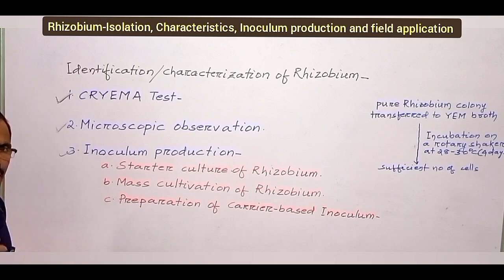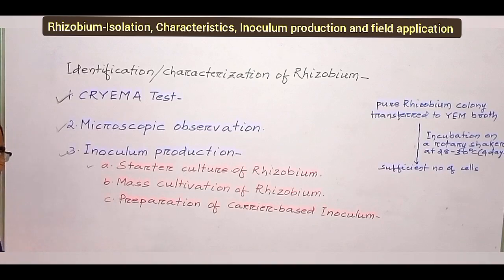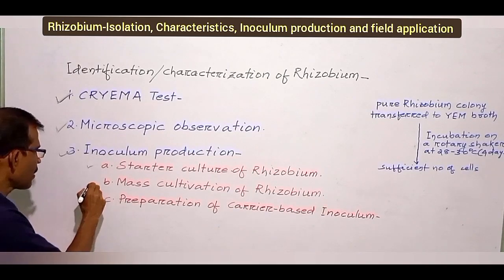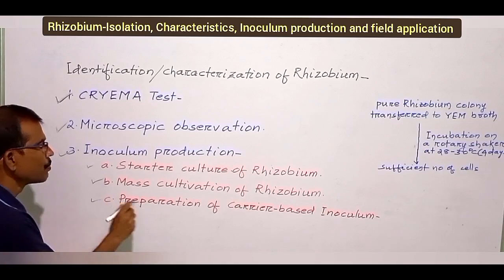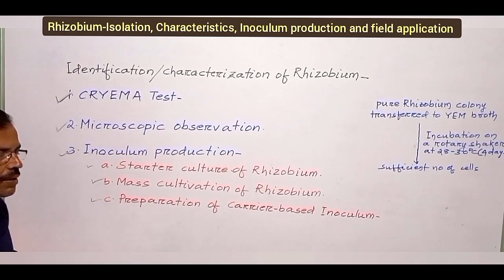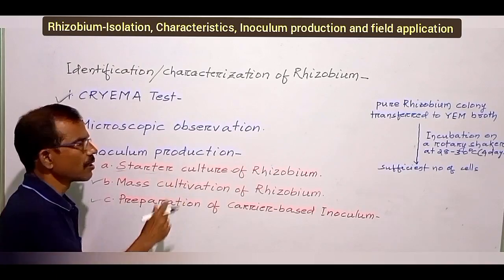Inoculum production involves three main steps. First step is starter culture of Rhizobium. Second step is mass cultivation, and third step is preparation of carrier-based inoculum. First step is starter culture.